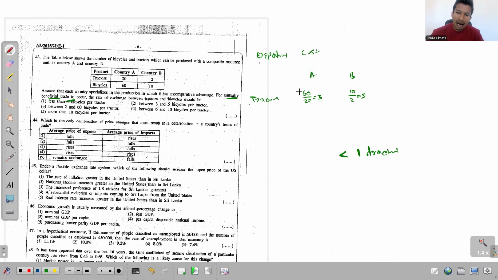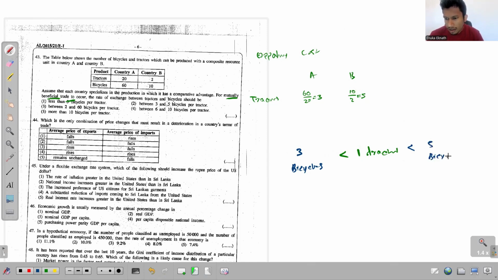See, country A has the comparative advantage for producing these tractors. So you just take that opportunity cost as the lowest value in this ratio. So 3 bicycles. This is in terms of bicycles, so we write 3 bicycles per tractor. That's from the lowest end, and from the highest end, just take the opportunity cost of the other country. So that is just 5 bicycles, right?